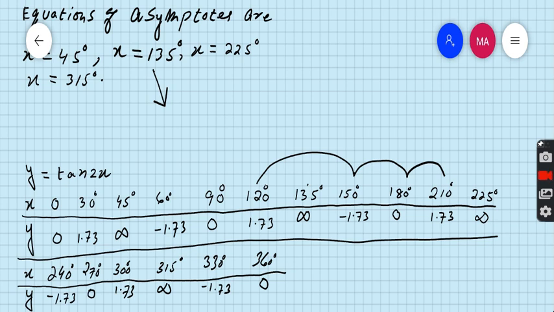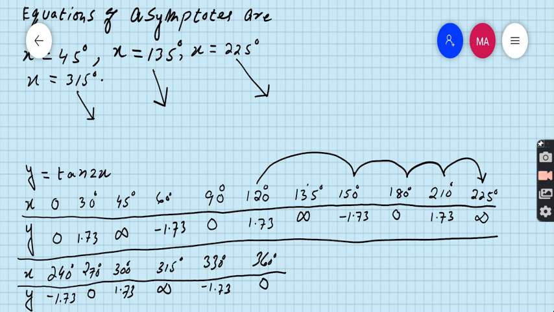Then 210 plus 30 is 240. But before 240 there is the value of asymptote which gives undefined value, so we must include this asymptote. So we have to take all asymptotes. Then 240, 270, 300, then 315. 315 gives us undefined value, then 330, and finally 360.